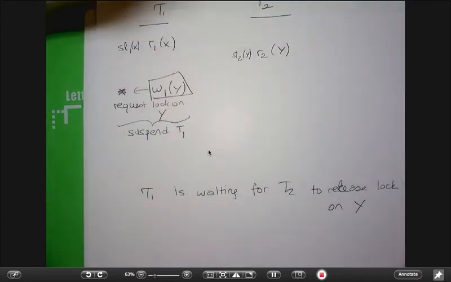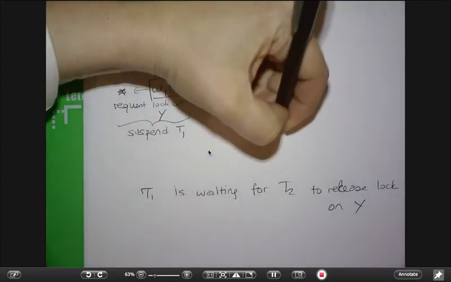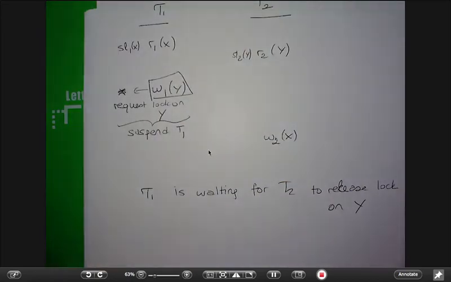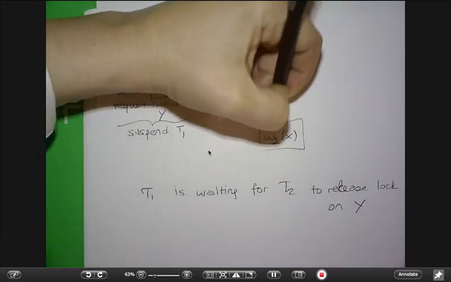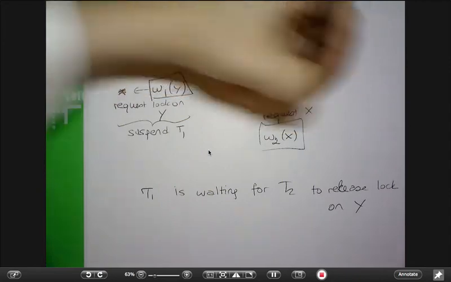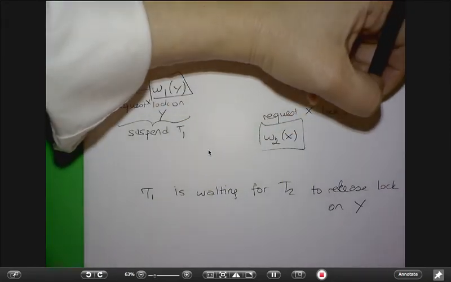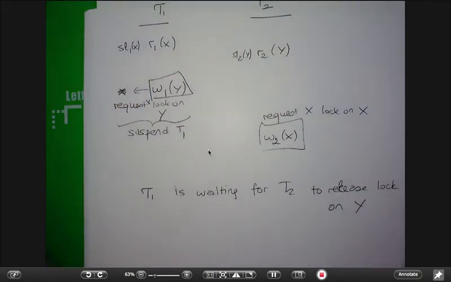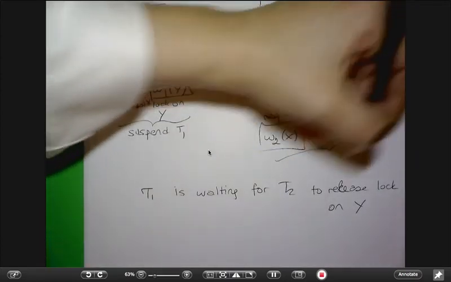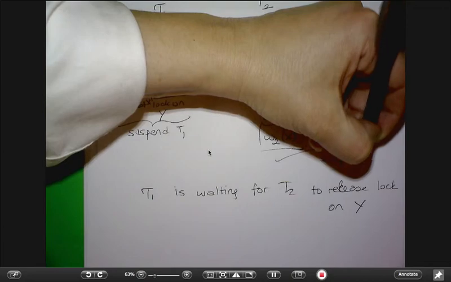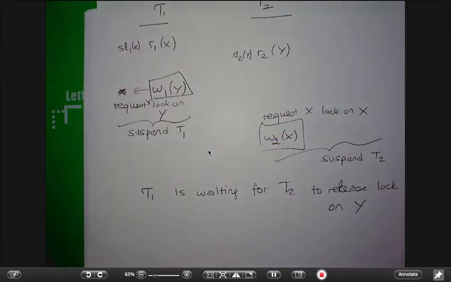Now T2 is going to decide that it actually wants to write x. So it requests a lock on x. And it cannot get it because T1 is actually still holding the lock, right? So when you suspend, you're not releasing the locks. So as a result, I'm going to suspend T2 until this lock is available.